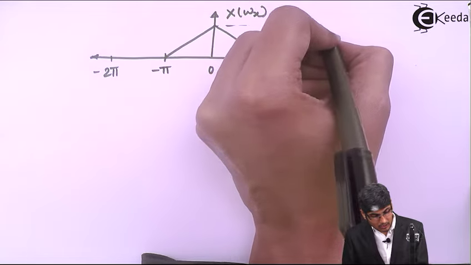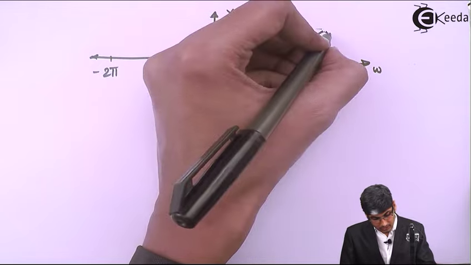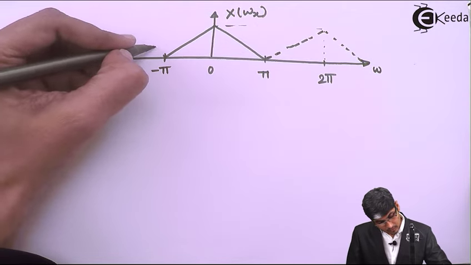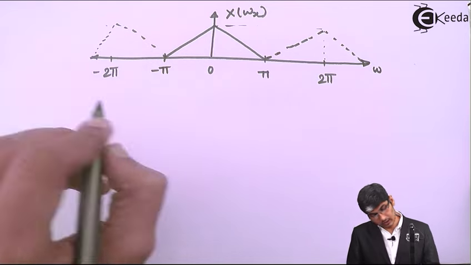The same thing is going to happen. So there will be a copy of the sequence, because the sequences are periodic in nature, and so on and so forth.